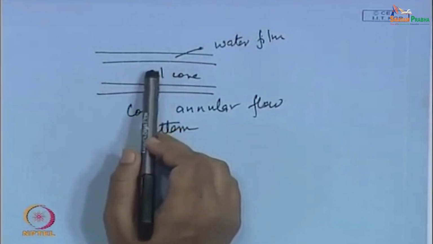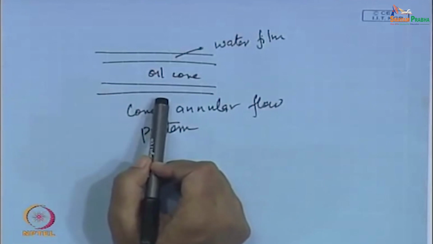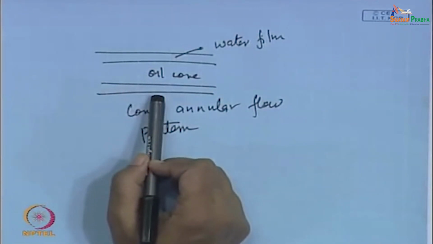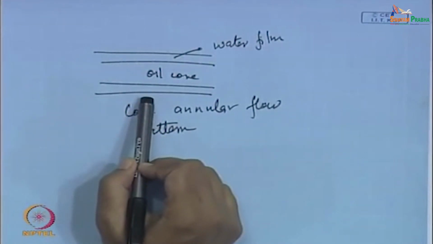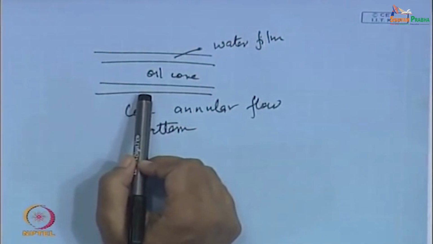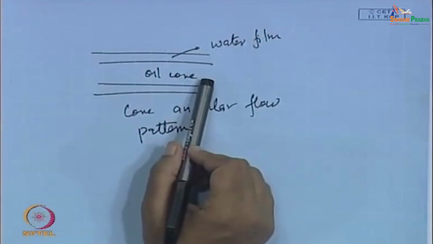Now, suppose the oil is prevented from coming in contact with the wall. What happens? The frictional pressure gradient arises primarily because of the wall shear between the water and the wall. So, therefore, if we can maintain this particular flow pattern, we have actually shown in our laboratory experiments that the pressure drop decreases so much that it is almost similar to the pressure drop which we would encounter if we pump only water through this particular cross section.